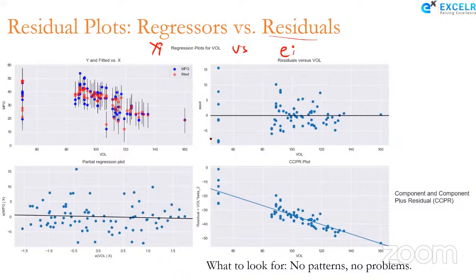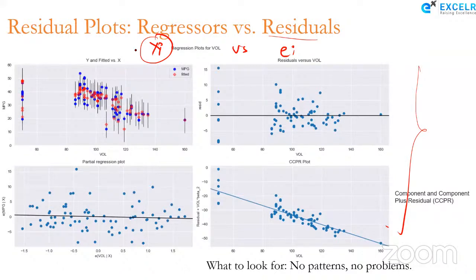Since we have four different input variables in this particular example, for every xi we will be generating these four different plots. What are these four different plots?